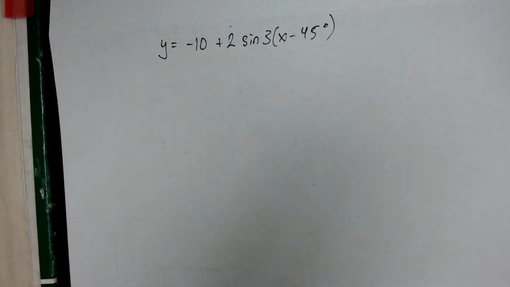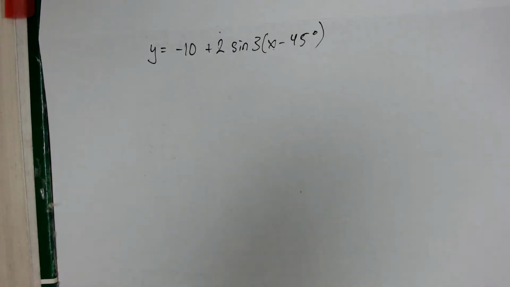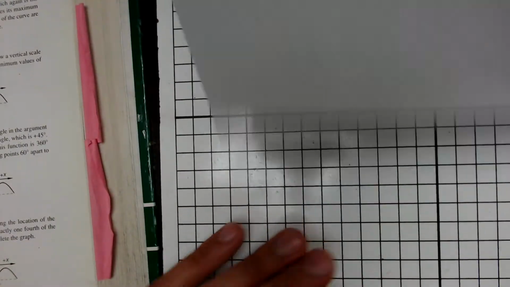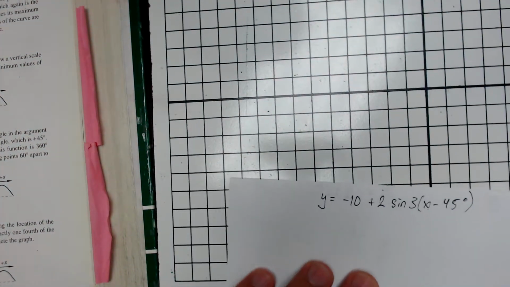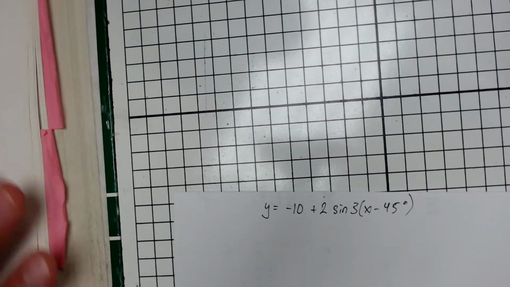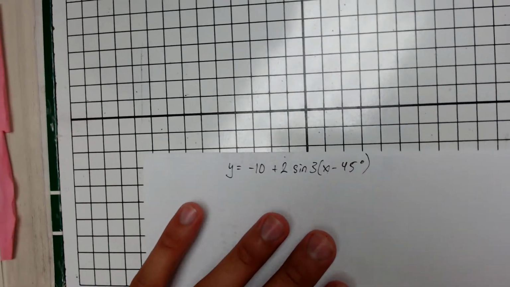So I believe we have every possible change to this sinusoid that we've learned so far. So in order to graph this, I'm going to get my graph. We'll graph this here. I'll leave this right here at the bottom. And we will graph this here.